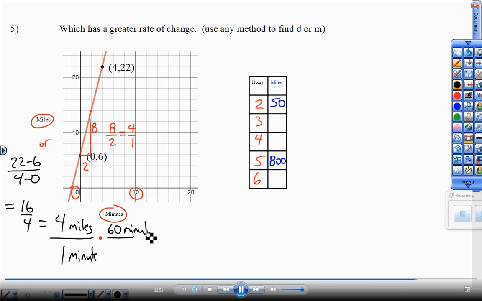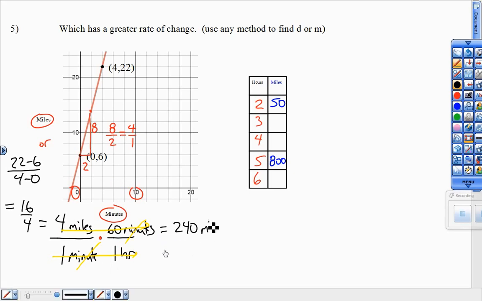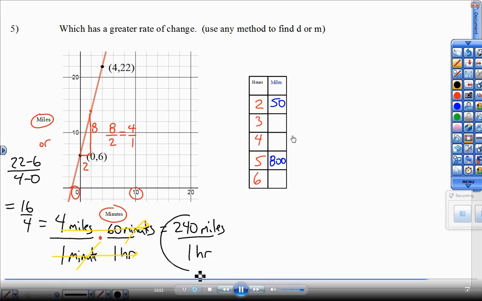I'm sorry, 60 minutes for every 1 hour. If I multiply that, the minute units will cancel. Multiplying straight across gives me 240 miles per hour. And again, this one is in miles per hour, so once I find my D or my M, I'm good to go, ready to compare.